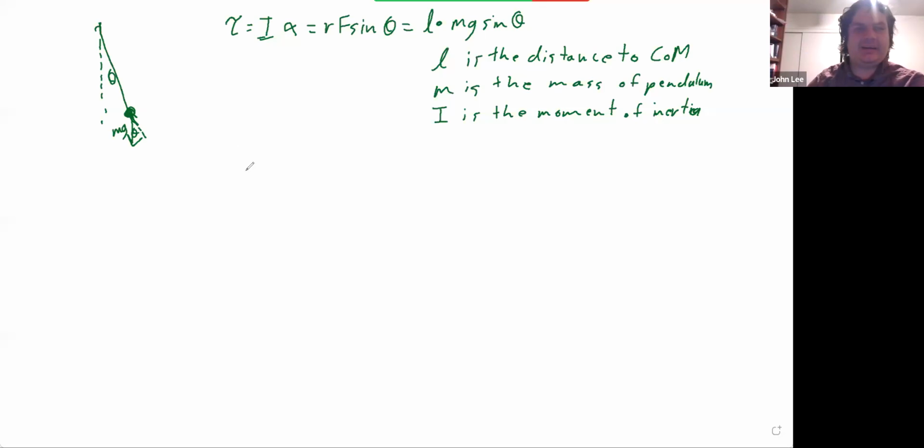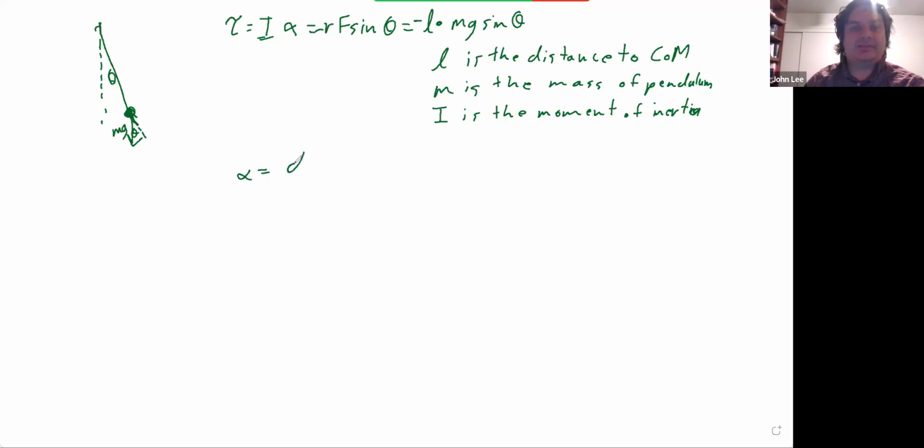Oh, and it's negative R F sine theta because it's going to be pointing in the direction that restores motion back to its original starting point. If you do the right-hand rule, you'll see that.